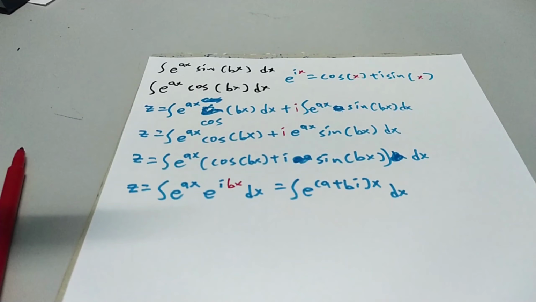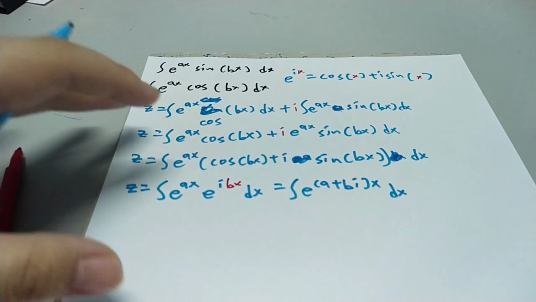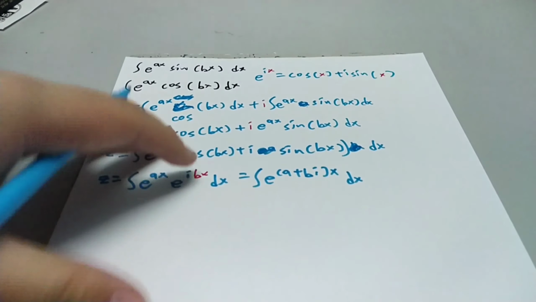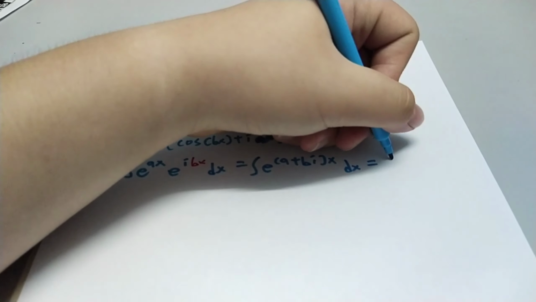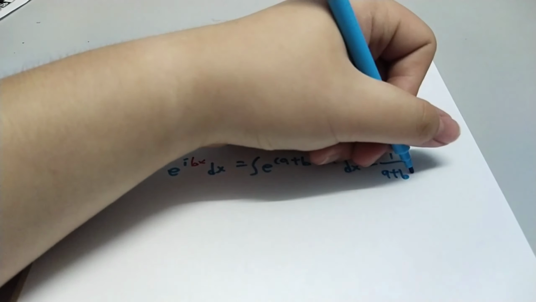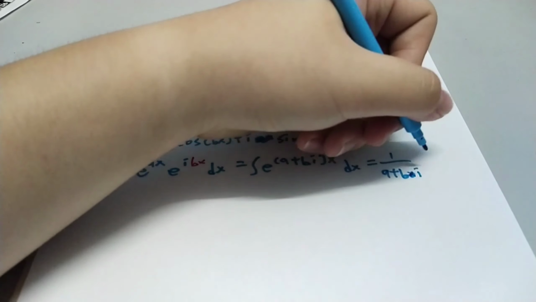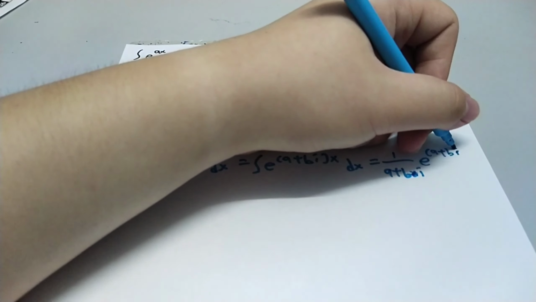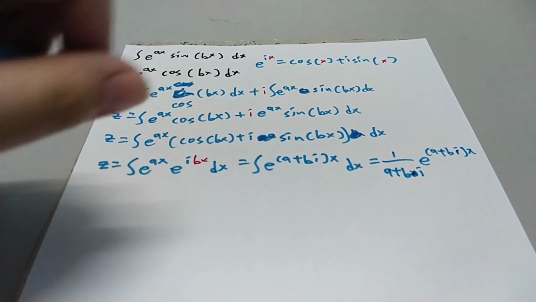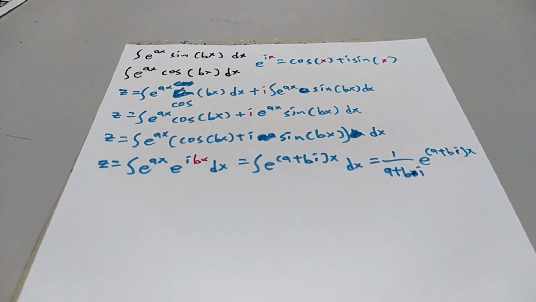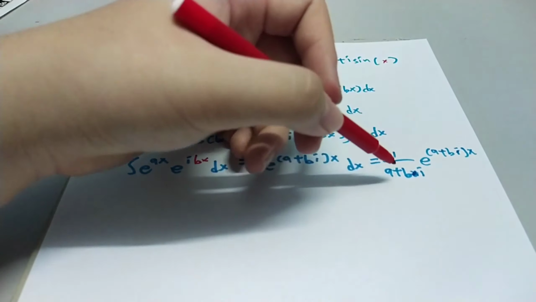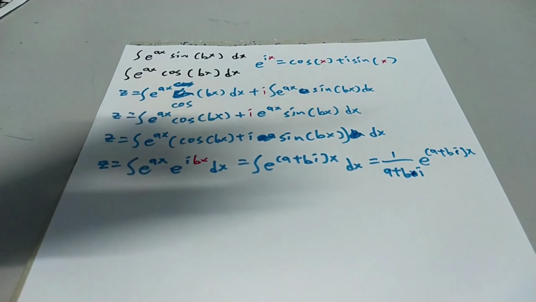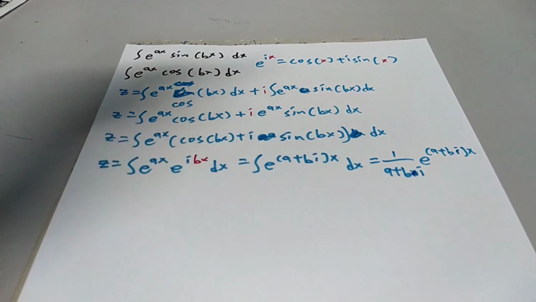Then we can actually easily solve this integral, which is equal to 1 over a plus bi times e power of a plus bi times x. And then what we can see is in a plus bi, the imaginary number i is in the bottom, but I want it at the top.